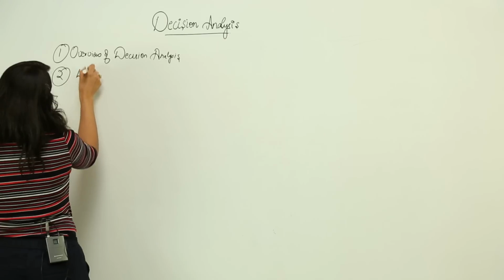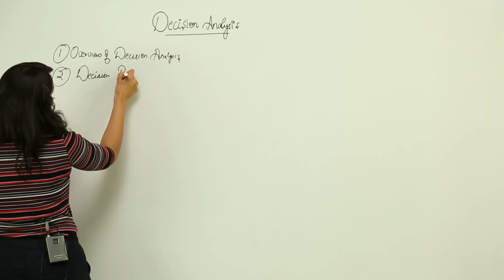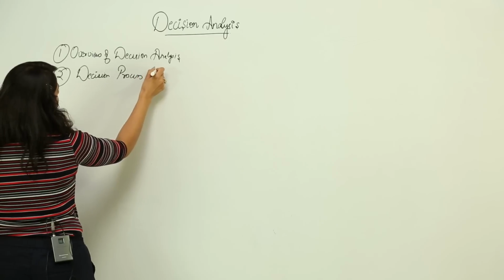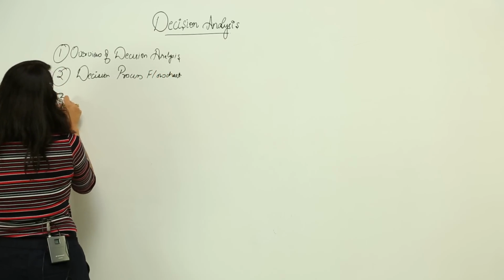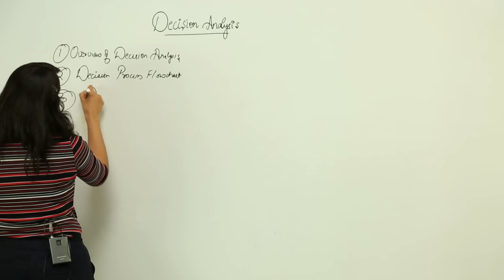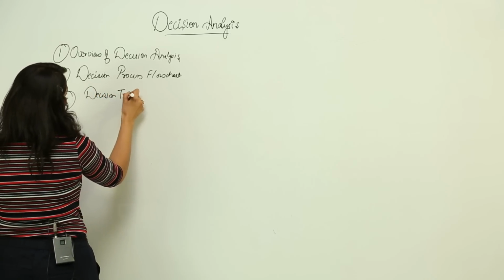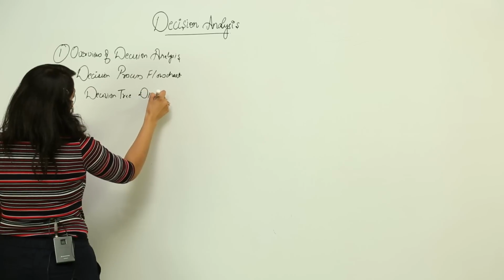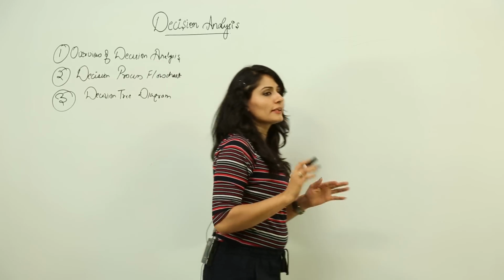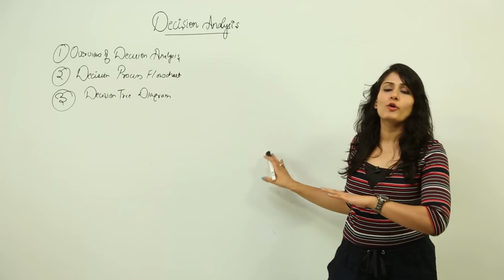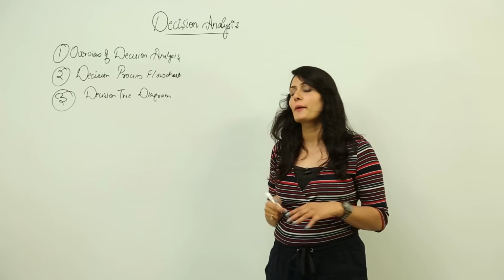Second one is decision process flow chart, and I would be summing it up with decision tree diagram. So the first one is clear, that I am going to give you a brief overview of what is decision analysis, so you have an understanding of this concept.